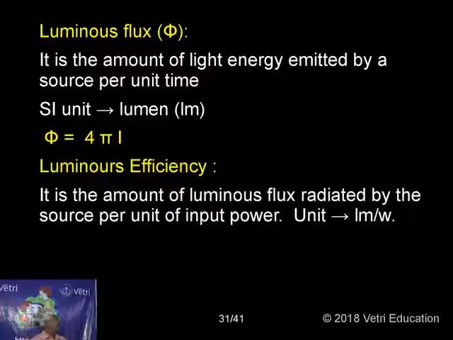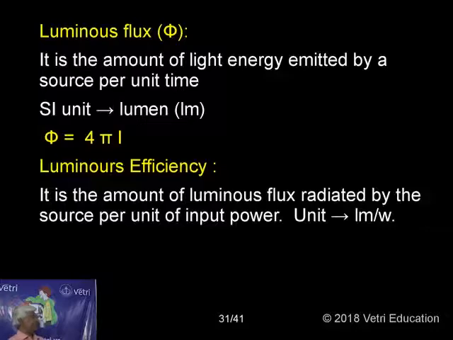Then luminous flux phi is equal to 4 pi I. That is the relation between I and phi. Because I is the energy emitted per unit solid angle, whereas phi is the energy over the entire solid angle, so multiplying gives the value of phi. The unit is lumen.